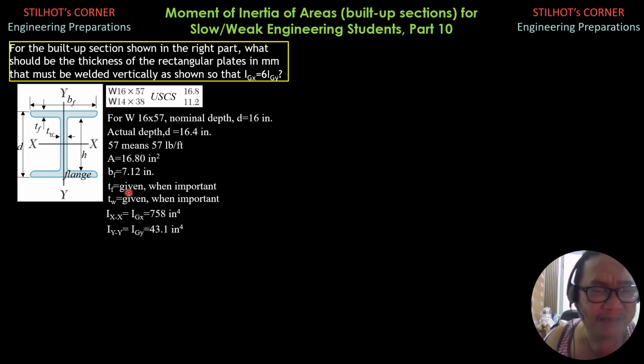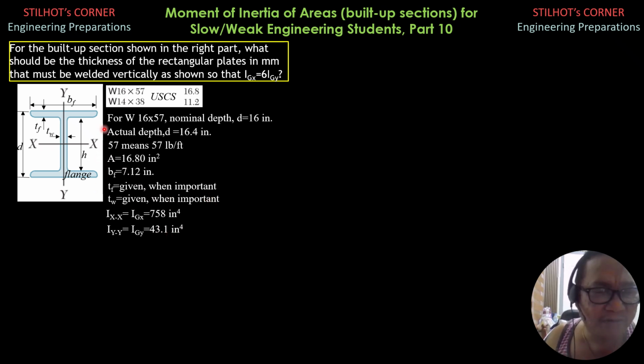But if not needed, then it will not be given, like in the first example later. Then the thickness of the web also will be given when important to the problem. If not, it will not be given.